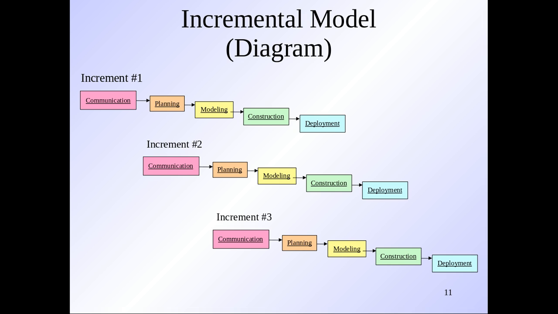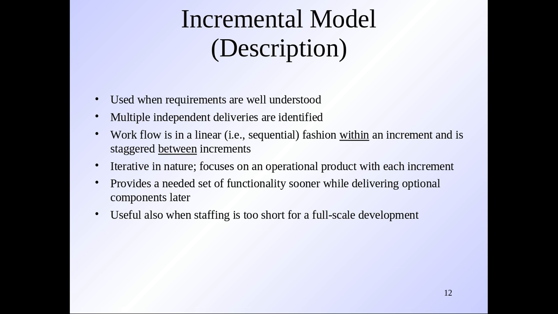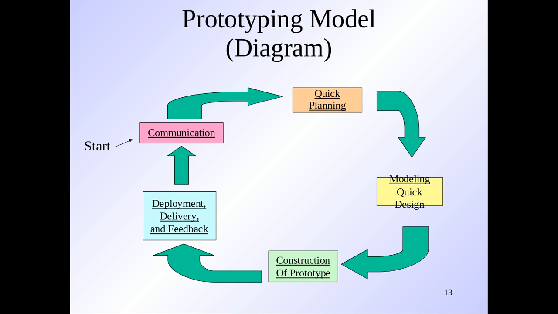Now we will discuss the evolutionary process model. This process model is also an iterative type of model. Using this model, the developer can develop increasingly more complete versions of software, and each version is refined based on feedback until it is complete.